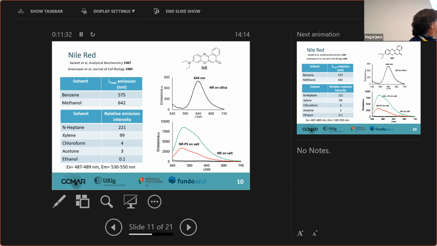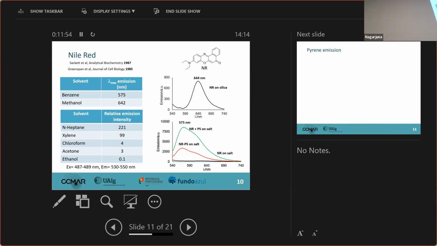And if you have Nile Red and then polystyrene with salt, you basically have the same thing. So this means that free Nile Red is migrating into the polystyrene particles. And you have this shift with the maximum at 575. So this is basically similar to what happens in the solvent.